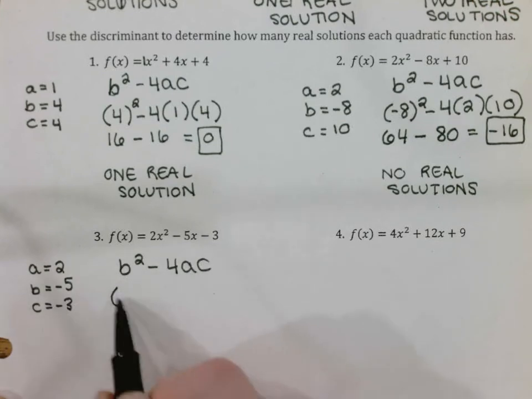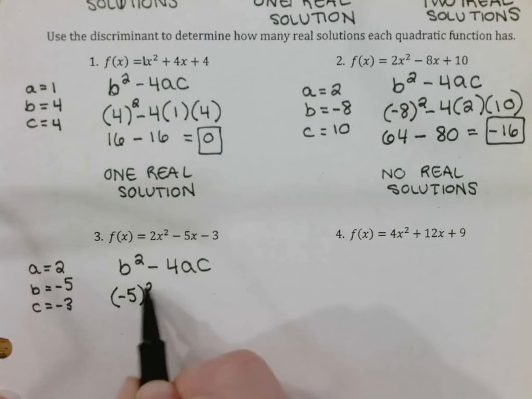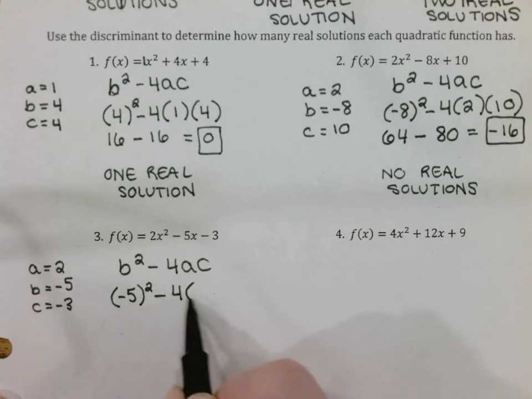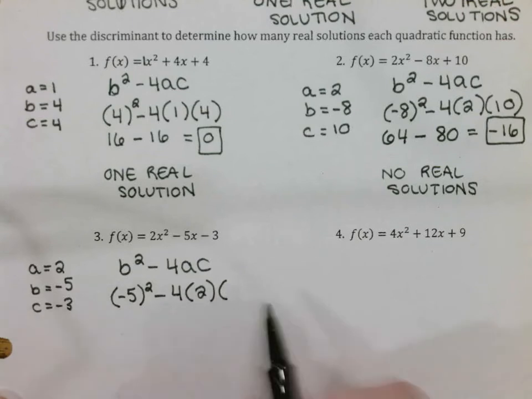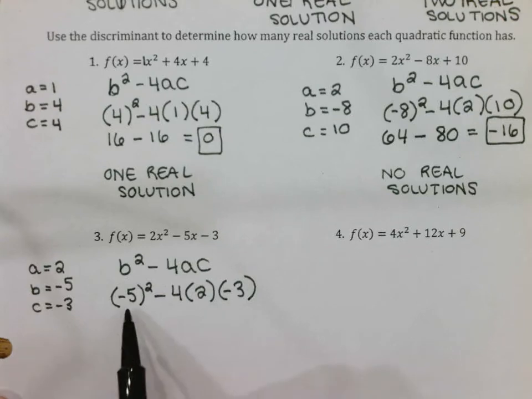So b is negative 5 minus 4 times 2 times negative 3. Okay, so let's see, negative 5 squared. Well, negative 5 times negative 5 is positive 25.